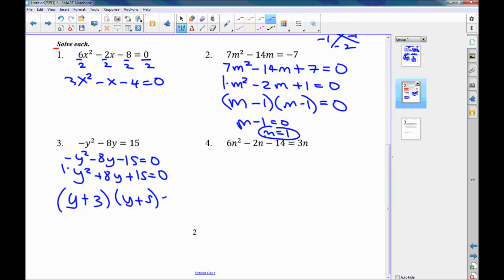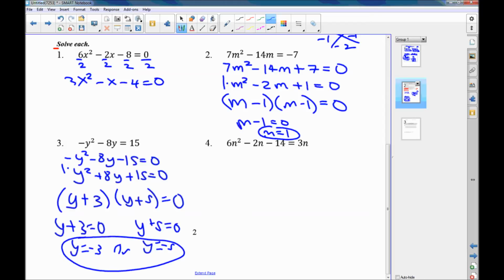I don't have to do any box method on this, okay, because I have a leading coefficient of 1. So then I split this into two parts. And we're done. Okay, so we get -3 and -5.